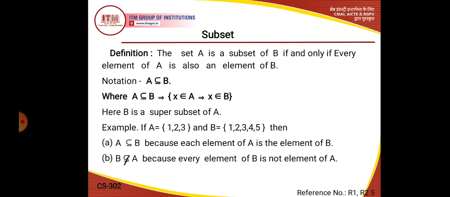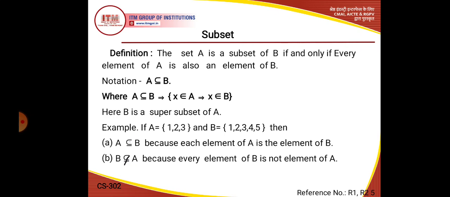Then point number first, A is a subset of B because each element of A is the element of B. So we can easily see here in set A 1, 2, 3, only 3 elements, and these 3 elements also in the set B. So we can easily say A is a subset of B.